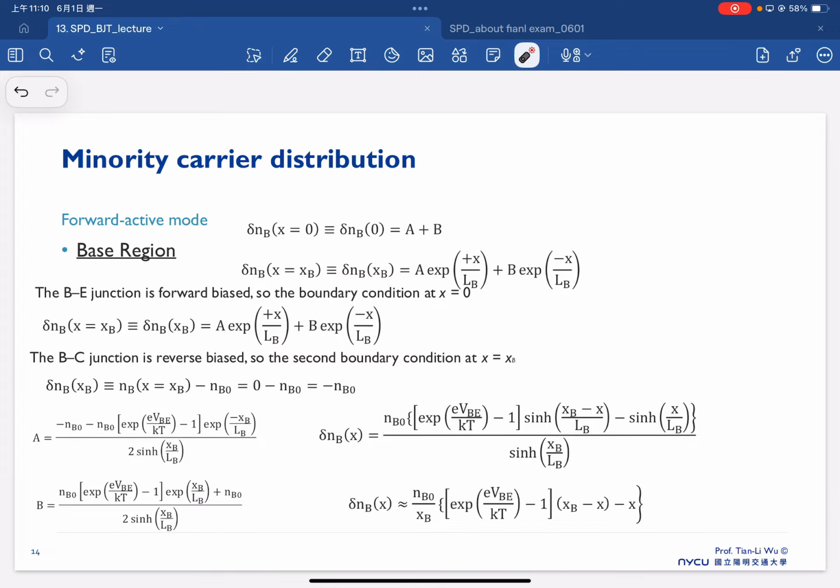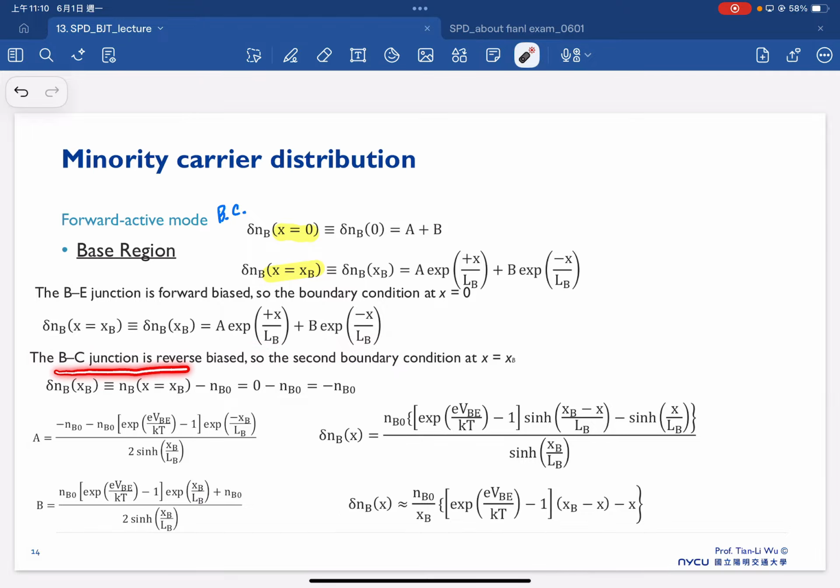Furthermore, we have several considerations here. We consider the boundary conditions at x equal to 0 and x equal to xB, defined as shown here. The BE junction is forward biased, so the boundary condition at x equal to 0 is shown here.